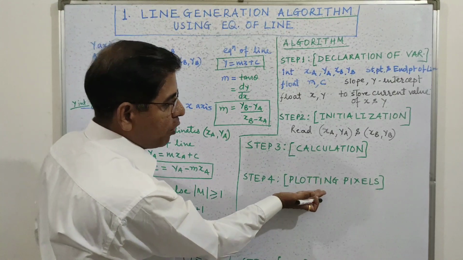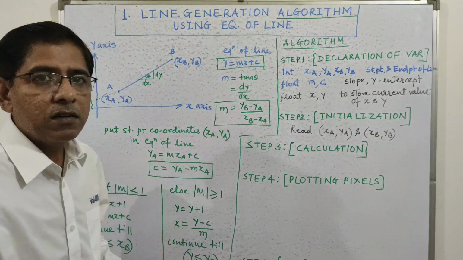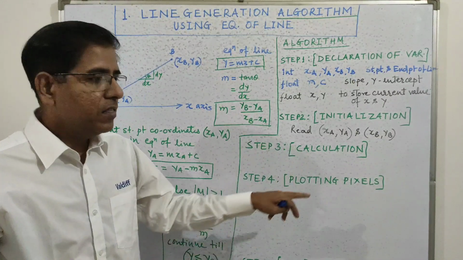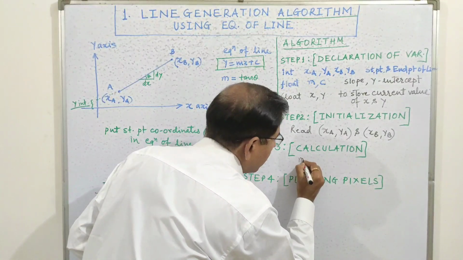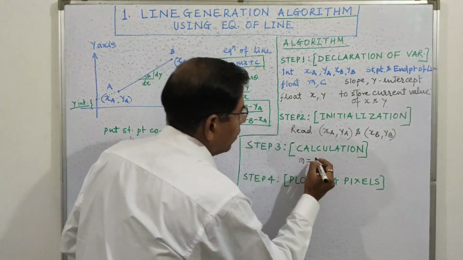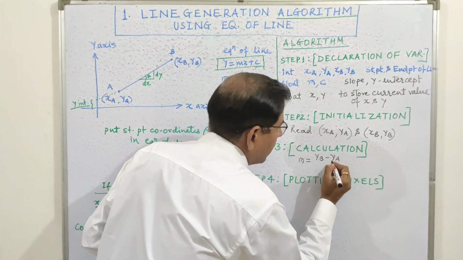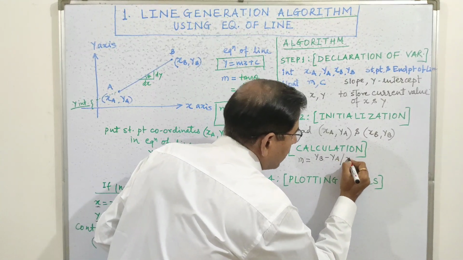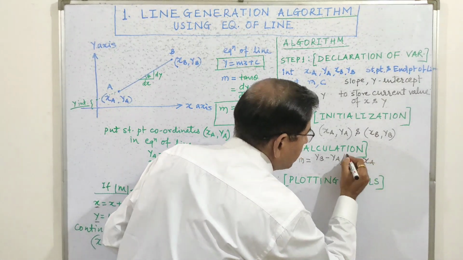So before plotting pixels, we should be ready with the value of slope and y-intercept. So we'll write down these two formulae in this step. So M is calculated as M is equal to YB minus YA upon XB minus XA.